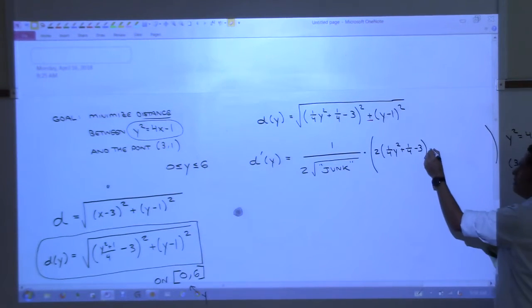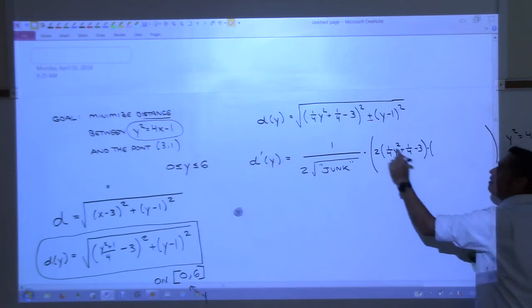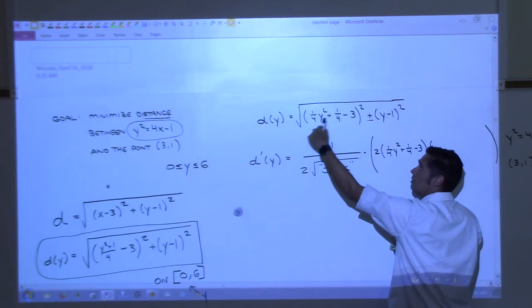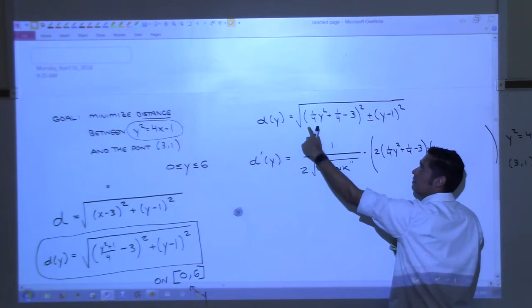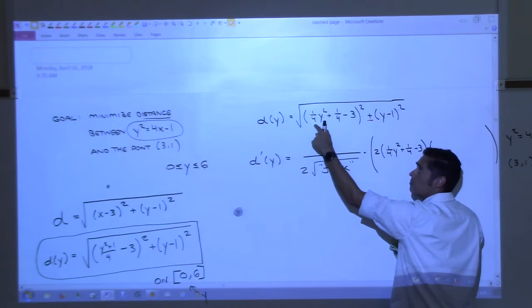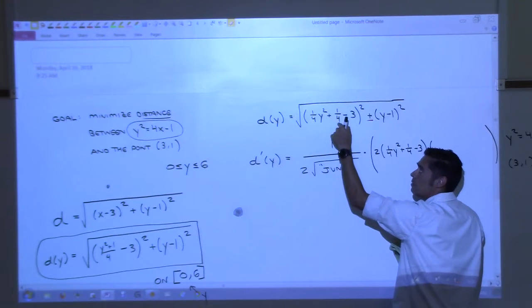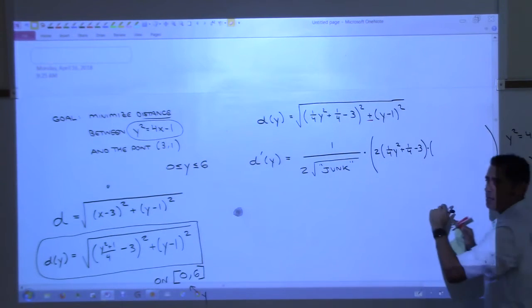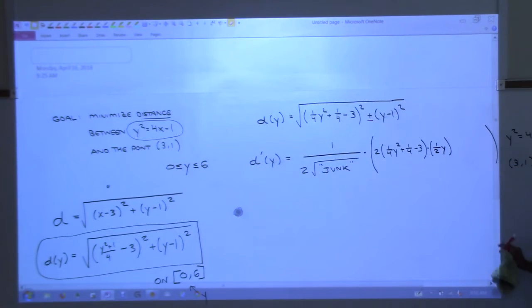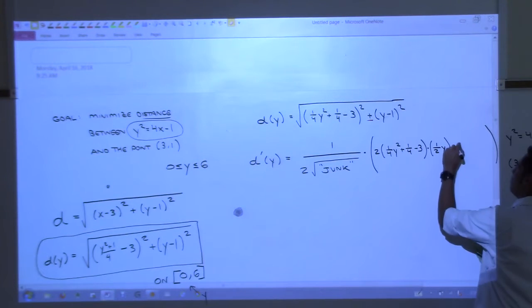Because the 2 came out, times the derivative of its inside, which is just 2 comes out. So 1/2 y? Agreed? Okay.